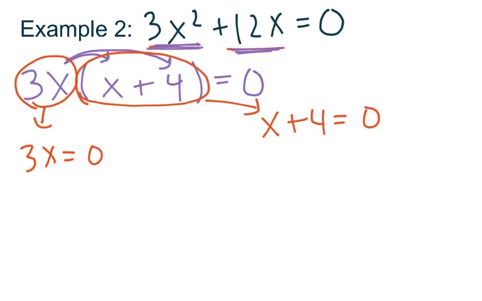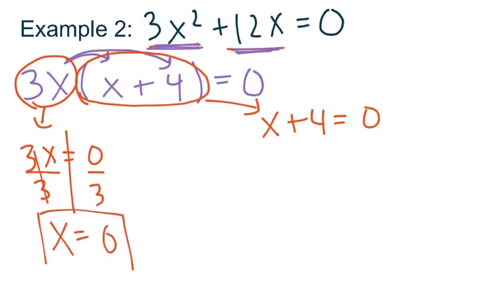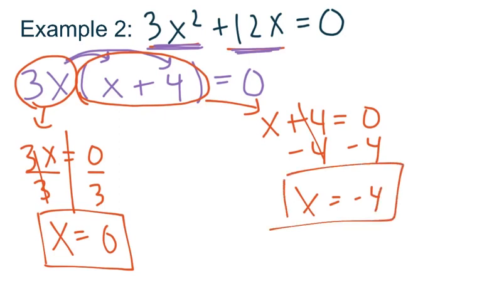And we're going to solve in both situations. So we want to divide by 3. We get x equals 0. That's one answer. Over here, we're going to subtract 4. We get x equals negative 4. Easy as that.